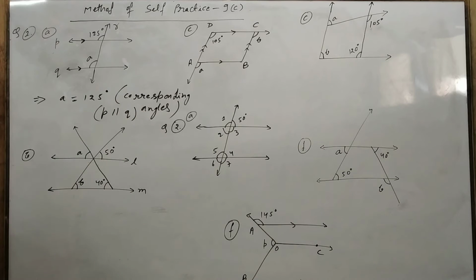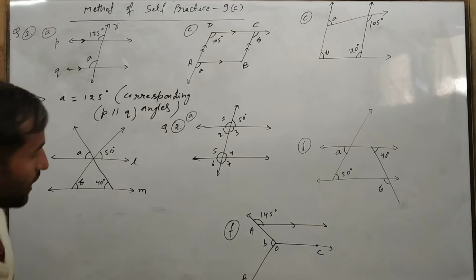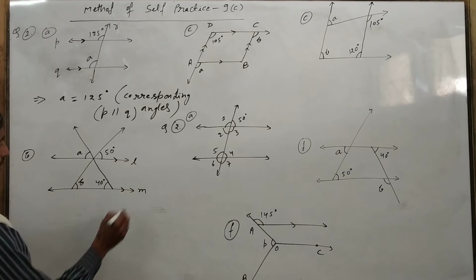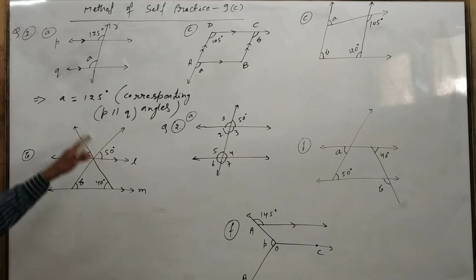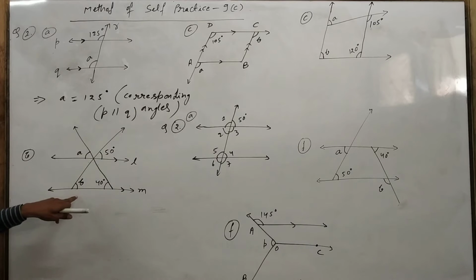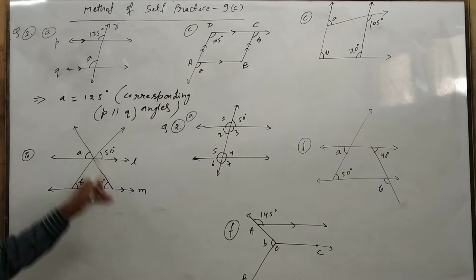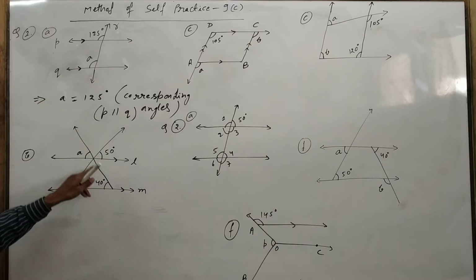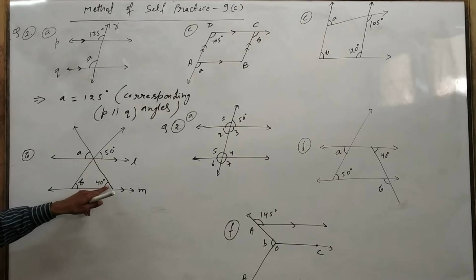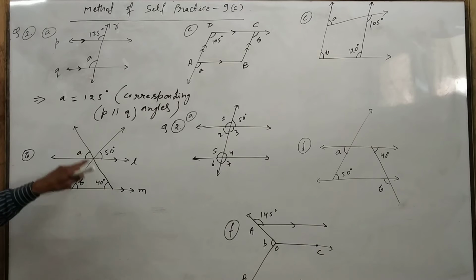Now in part B, L and M are both parallel, as the arrow is given. This one is a transversal line, and this one is also a transversal line. We have to find the value of B and A. Again, see this one 40 degrees and this A, both are corresponding angles.